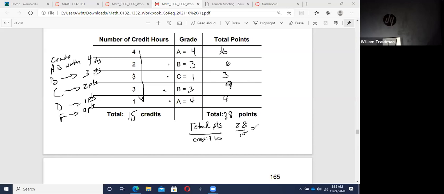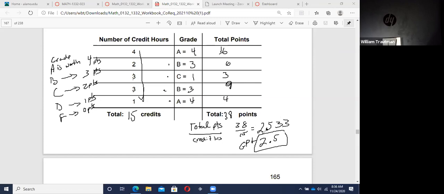On my calculator, 38 divided by 15, and my GPA is 2.53. We usually take GPA to 1 decimal place, 2.5. My grade point average is 2.5.